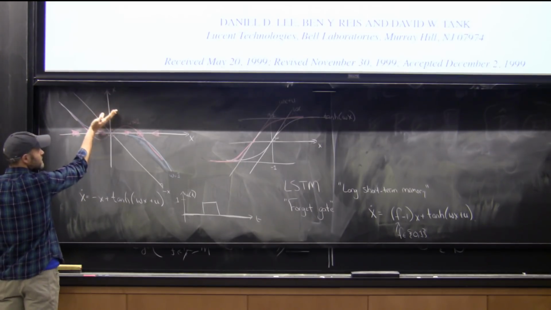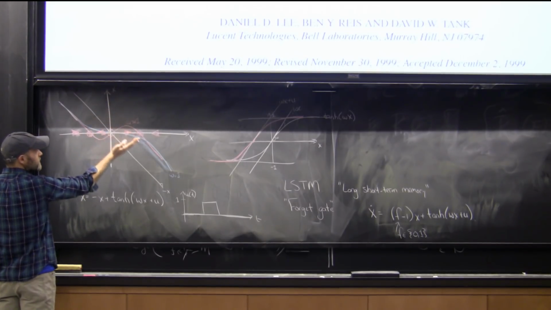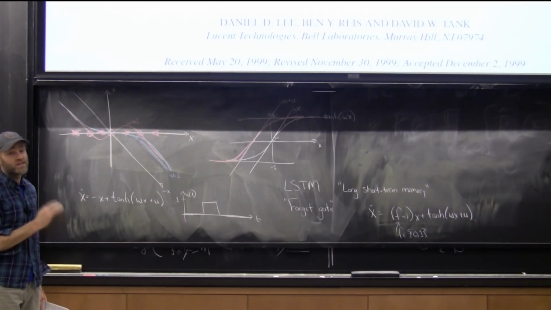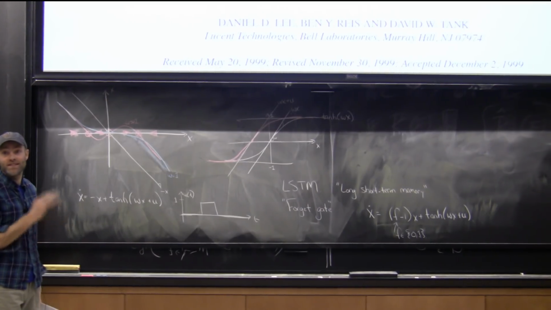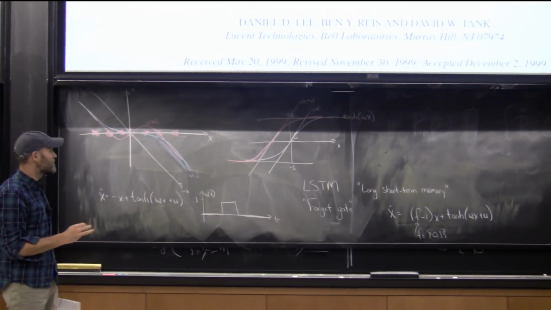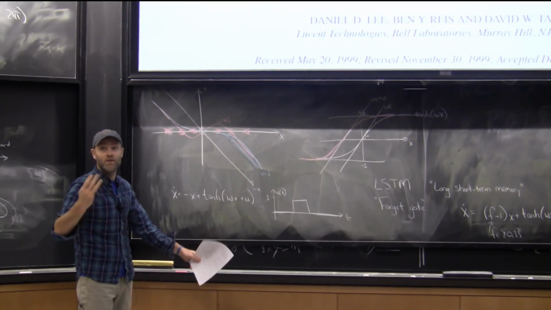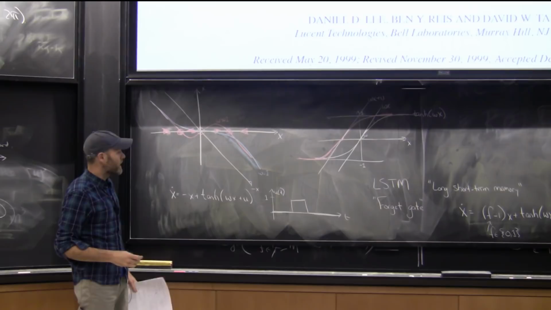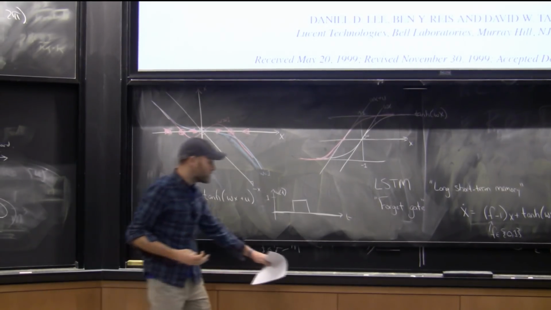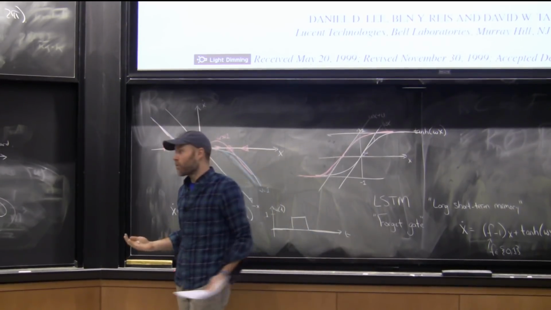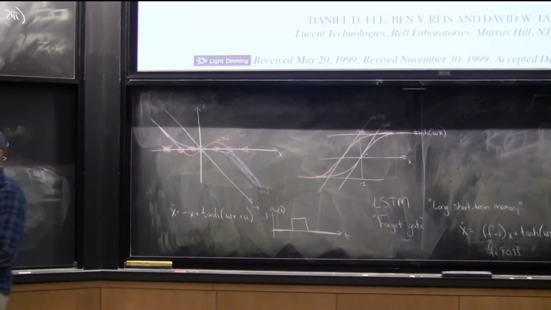If I change u enough, or change some of my parameters, change w enough, then fixed points can actually be created and destroyed, which is a nonlinear thing to do. Linear systems don't do that. Nonlinear systems do. You can have fixed points that just poof, disappear, fixed points that appear out of nowhere, seemingly. And so there's an important idea in nonlinear dynamics, which is what do the fixed points do as a function of the parameters or the inputs?